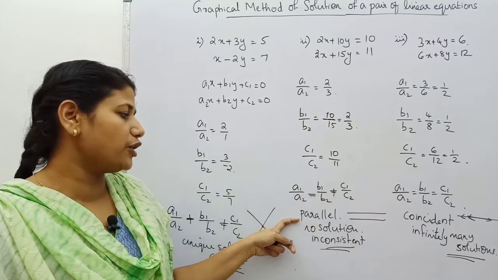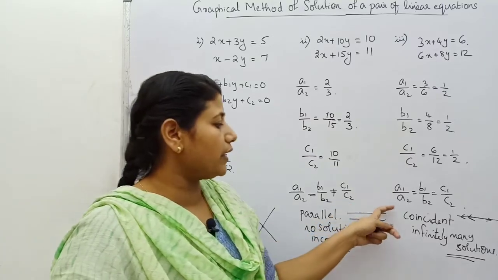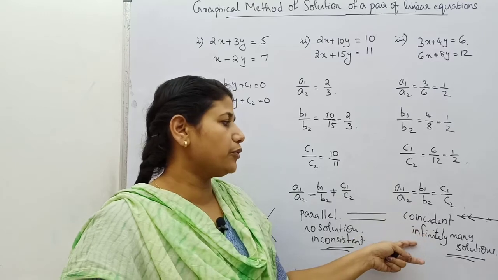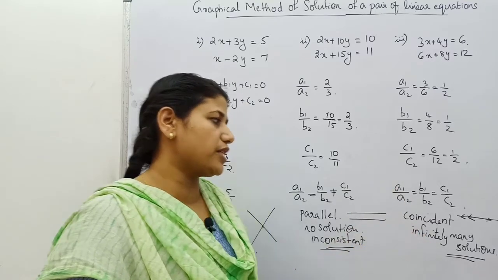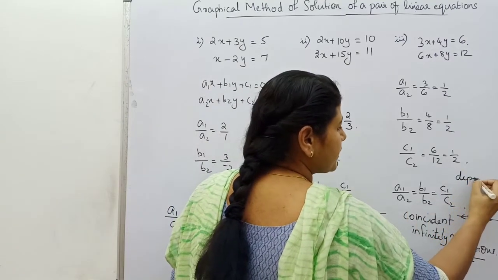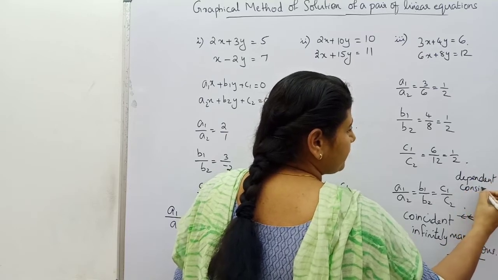These are parallel, no solutions are there, so we can say that it is inconsistent. And the last one, a1 by a2 equal to b1 by b2 equal to c1 by c2, which is coincident, infinitely many solutions are there, so we can say that these are dependent and consistent.